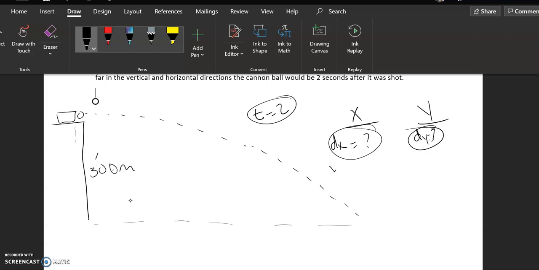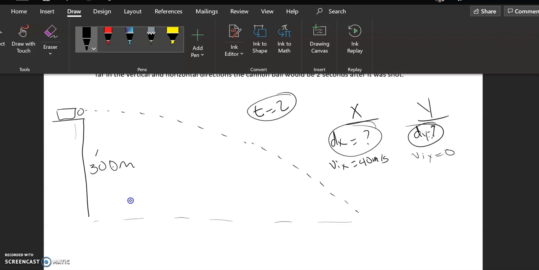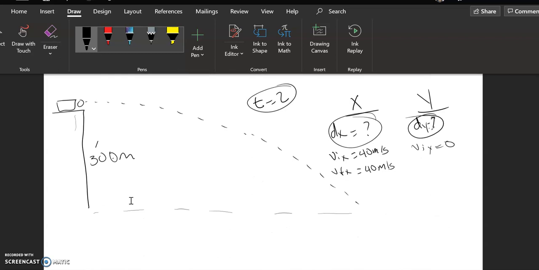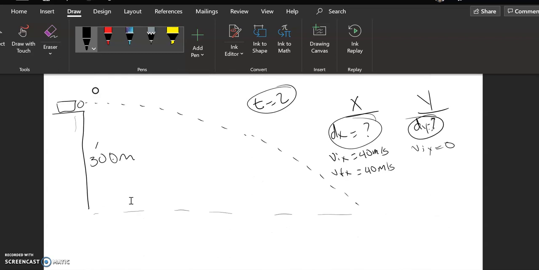Well, we know that the initial velocity in the x direction was, sorry, 45 meters per second, not 40. The initial velocity in the y direction is 0. The final velocity in the x direction is also 45 meters per second.